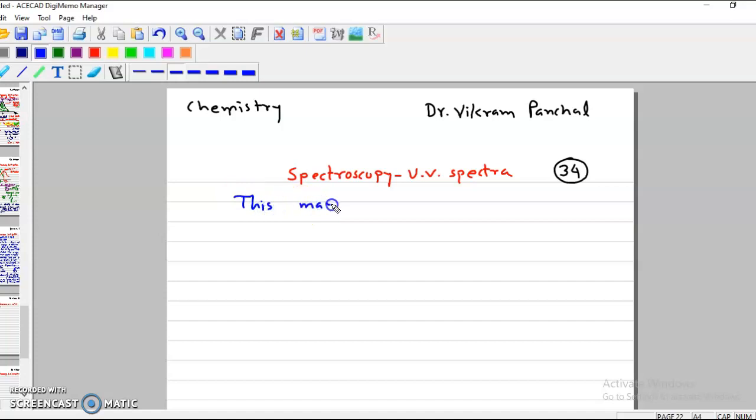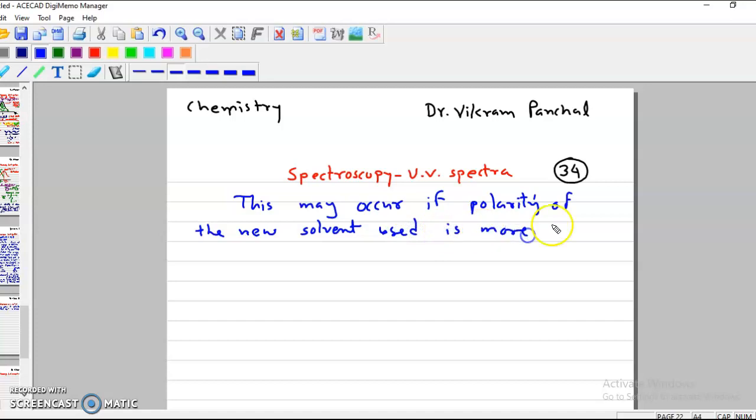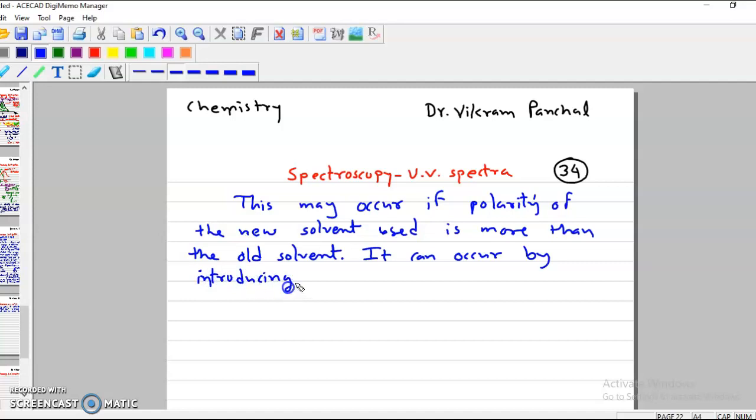This may occur if the polarity of the new solvent used is more than the old solvent, or it can occur by introducing polar groups also.